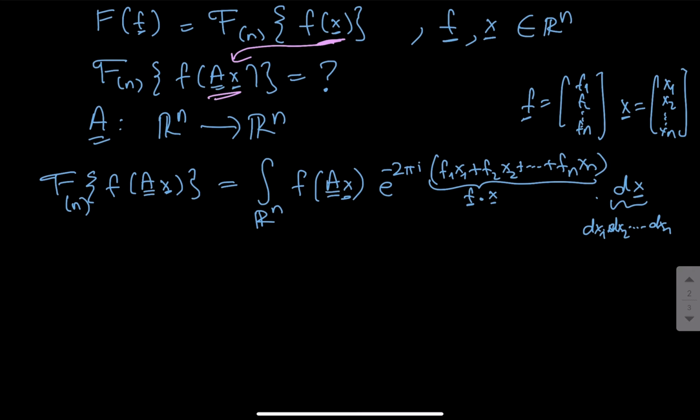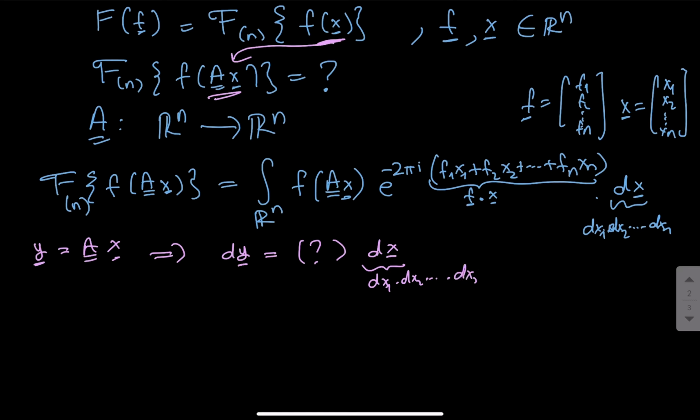Now let's do a simple coordinate transformation. Let the vector y equal Ax. Then dy is something times dx. This dx was dx1 times dx2 times dxn, and this dy was dy1, dy2 times dyn.